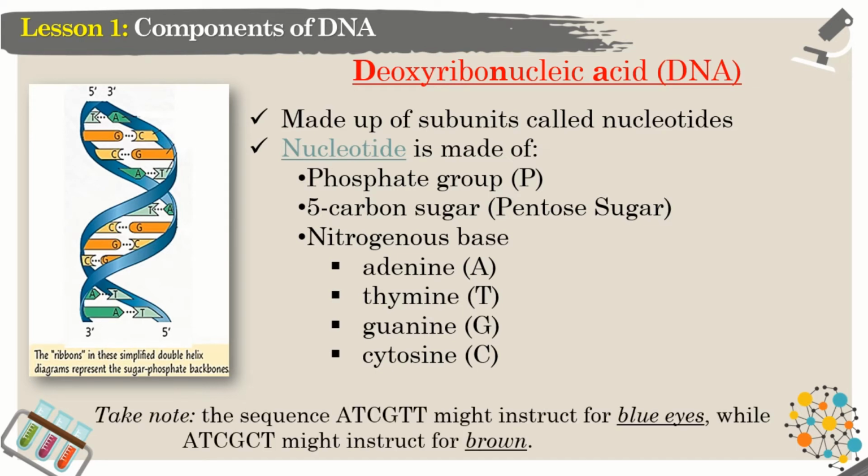Take note that the sequence ATCGTT, or adenine, thymine, cytosine, guanine, thymine, and thymine, might code or instruct for blue eyes, while adenine, thymine, cytosine, guanine, cytosine, and thymine might be the code for having brown eyes.